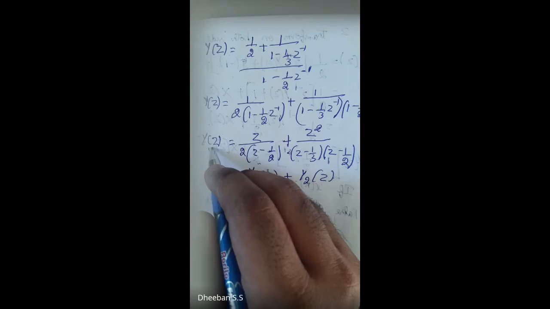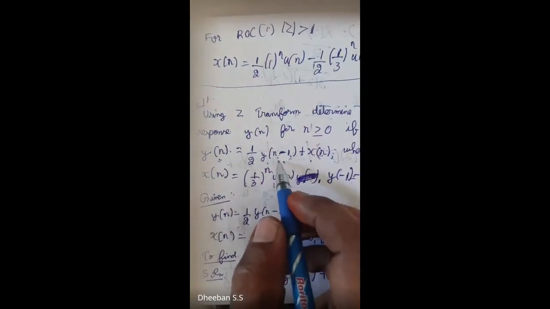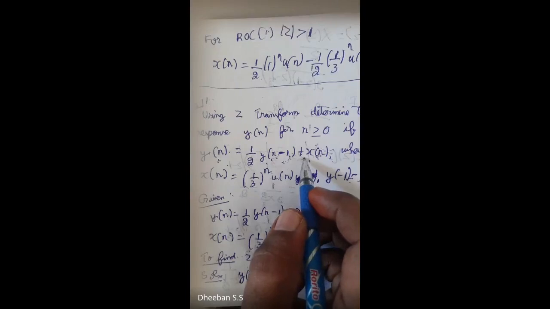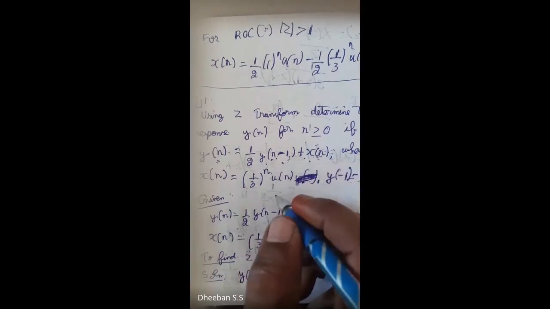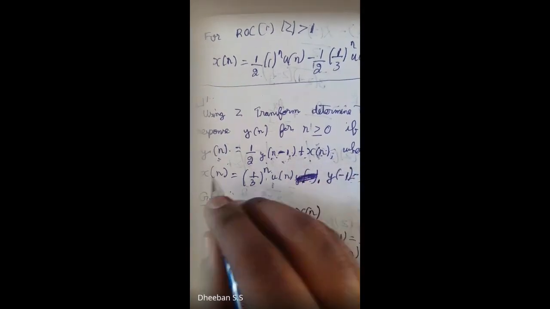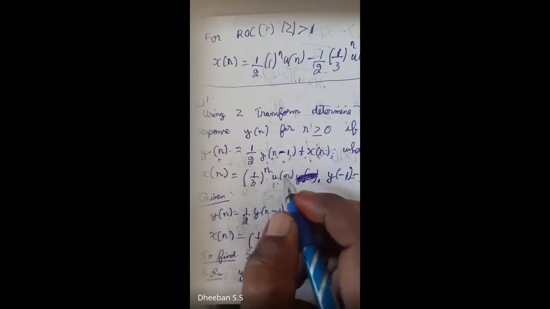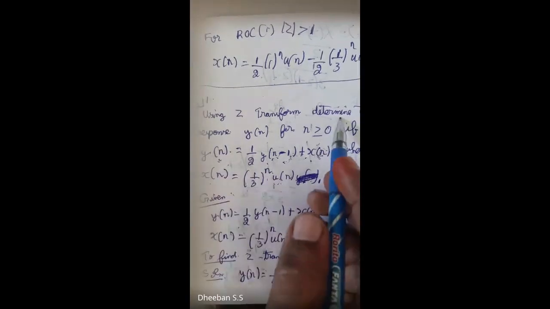Okay, in our question they have given your y of n in terms of your past value plus another input value. Again, they have given your input value in terms of your unit response. But what they are asking to find is the response of y of n.